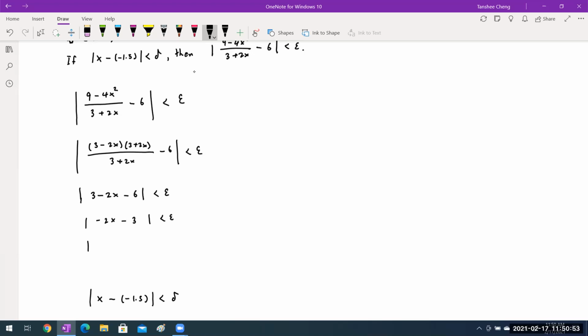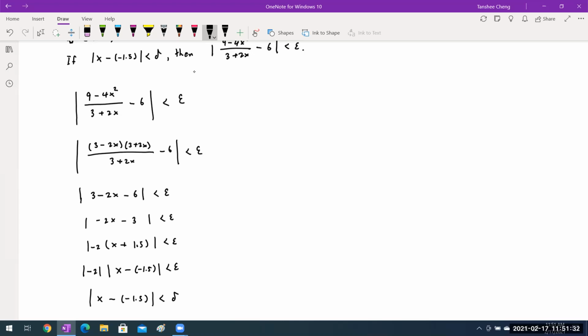If I factor out negative 2, this will give me x plus 3 over 2, which is x plus 1.5, is less than epsilon. So rewriting it, this will be the absolute value of negative 2 times the absolute value of x. Instead of plus 1.5, I can write it as x minus negative 1.5 to get exactly the format that we want. It's less than epsilon.